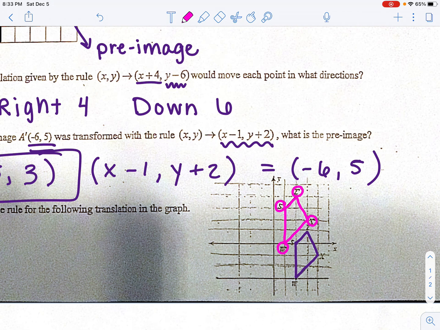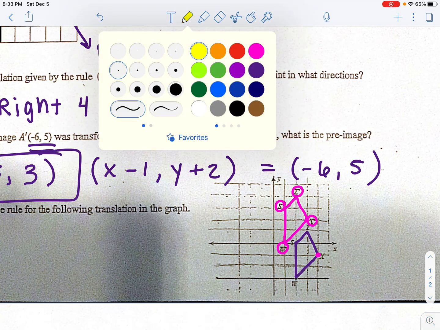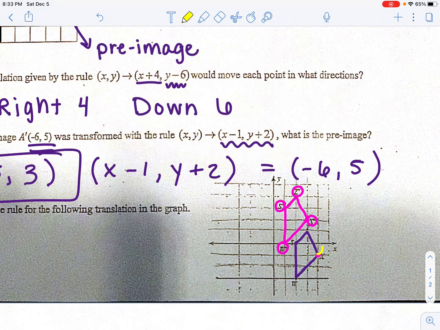Okay, so to figure out our transformation, you're going to pick any point you want. Let's just pick x. So here is x in our pre-image, and here is x prime in my image. And we're going to see what we have to do to go from x, our original one, to x prime, our new one. So it looks like I have to go up 1, 2, 3. So I have to go up 3, and to the left 1.